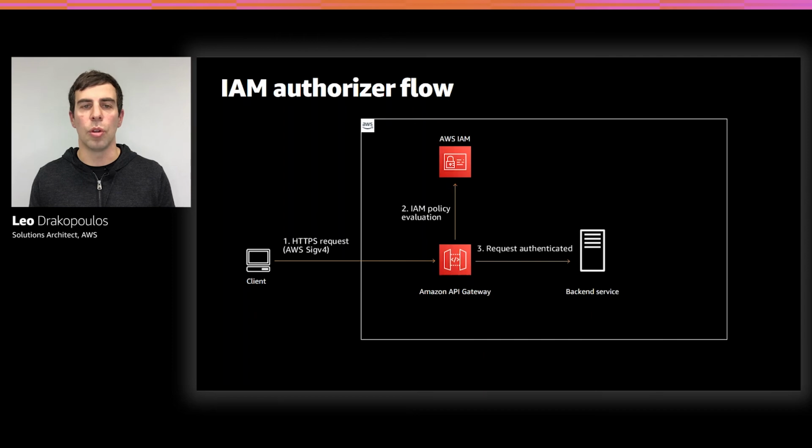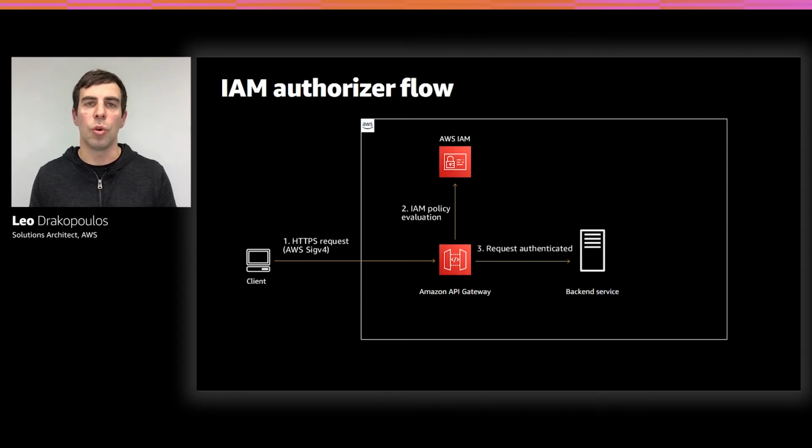An important thing to note here is that it is not best practice to use static IAM credentials, but instead it's best practice to use temporary IAM credentials. And that's because those expire after a certain period of time, and that's way more secure.